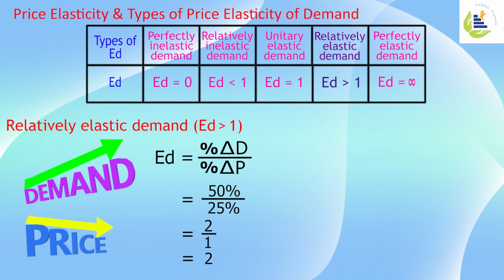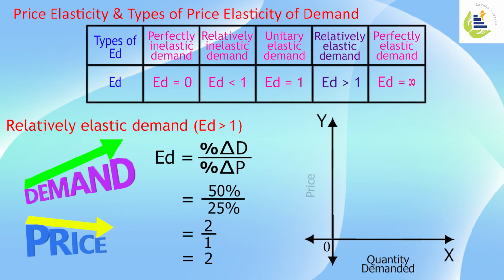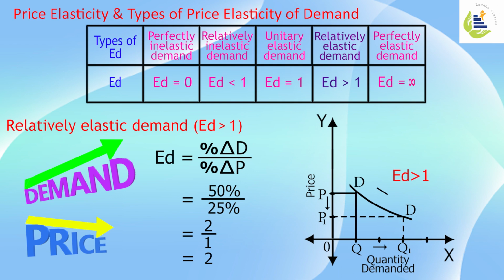And we can see that if we plot this graph where the x-axis is quantity demanded and the y-axis is price, as there is less change in price, there is more change in quantity demanded. So if we plot this graph, we see a flatter graph.